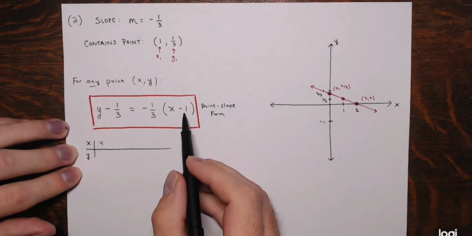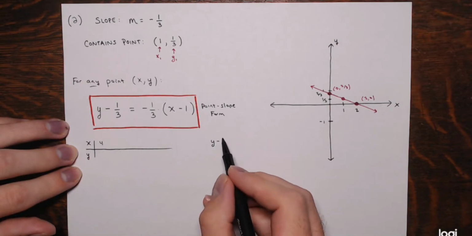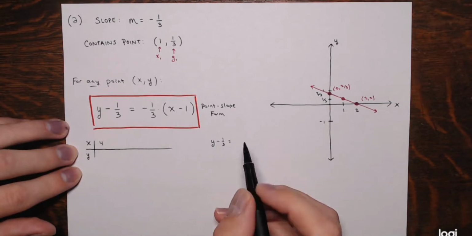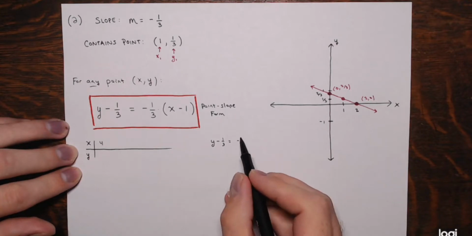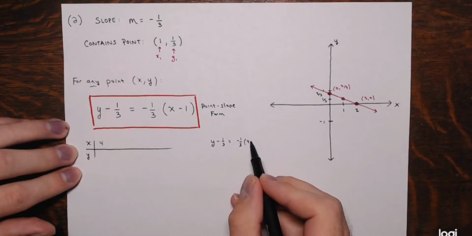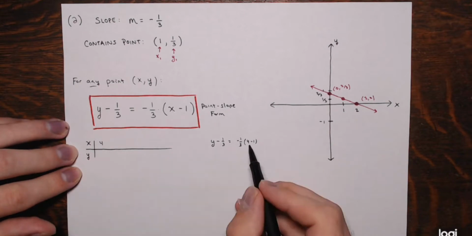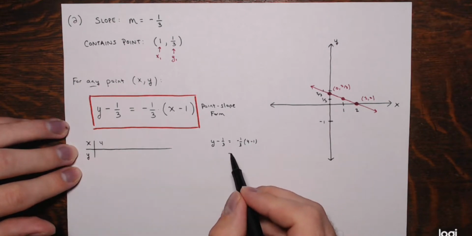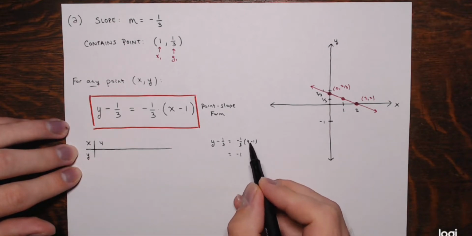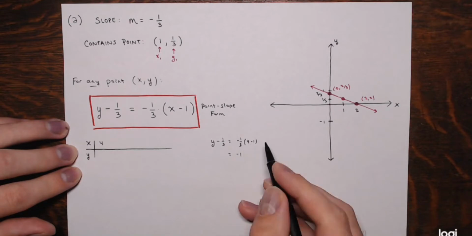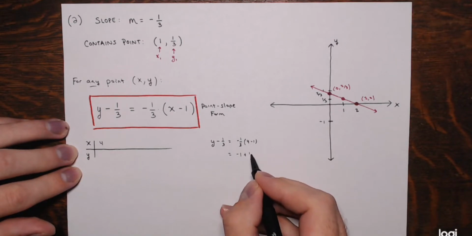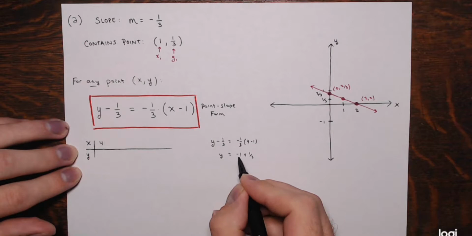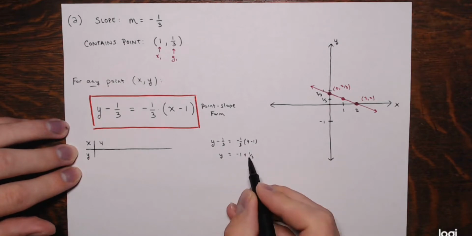You'd have y minus 1/3 equals negative 1/3 times 4 minus 1, replacing x with 4. So this would just be negative 1, because 3 goes into 3 evenly. The 3 cancels the 3. And then I would add 1/3 to both sides to get y equals negative 1 plus 1/3, which is negative 2/3.